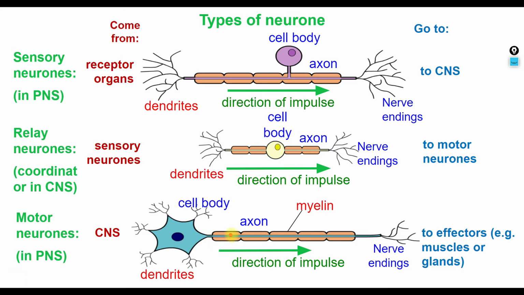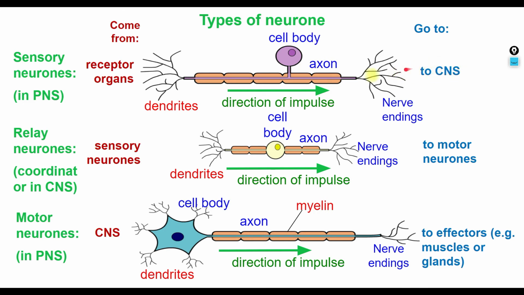And this slide just summarizes that little automatic control system we mentioned before. We start with a receptor organ like an eye or the skin. It sends a message using a sensory neuron to the central nervous system.